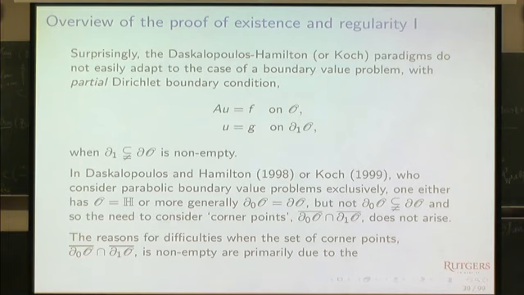In both of their papers and his thesis, they're considering a model problem on the upper half plane, where the only boundary is just the boundary of the upper half plane. So no corners or issues of compatibility there.